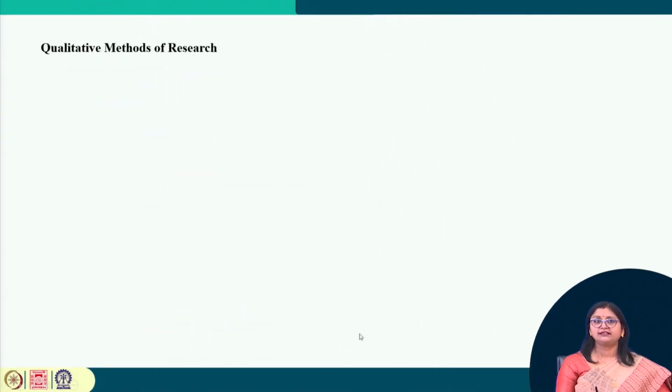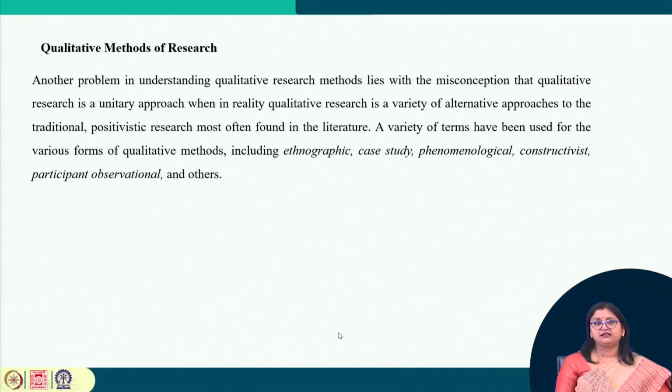Another problem in understanding qualitative research methods lies in the misconception that qualitative research is a unitary approach, when in reality qualitative research is a variety of alternative approaches to the traditional positivistic research, as found in the literature. So this is the confusion.